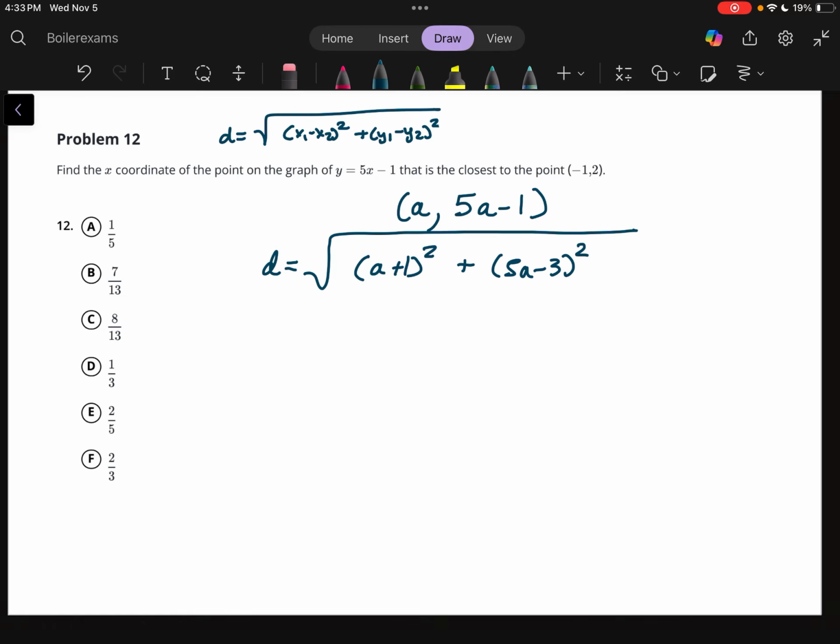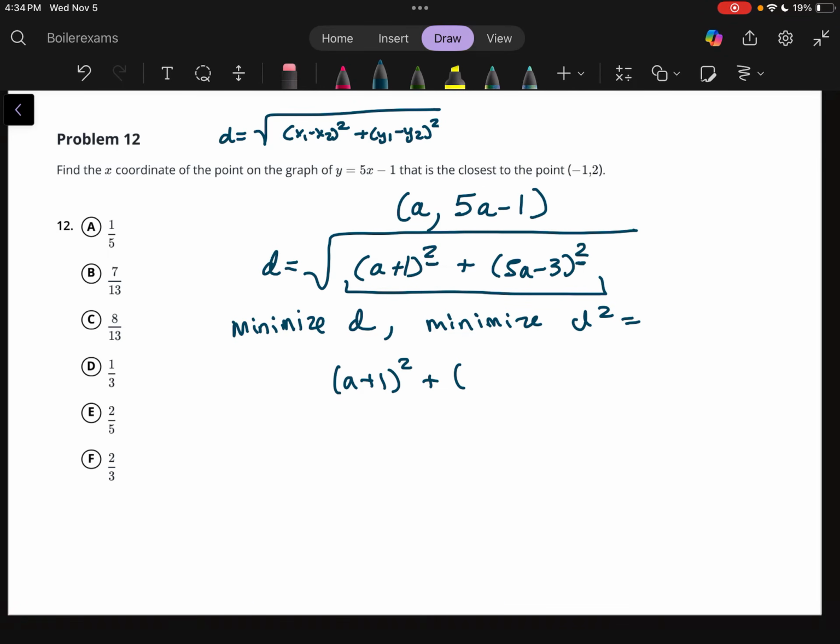Okay, and so we want to minimize d. And notice that since we have a square here, this value will always be positive. So it also suffices to say we want to minimize d squared, which is equal to a plus 1 squared plus 5a minus 3 squared.